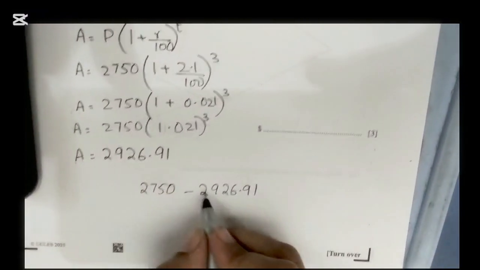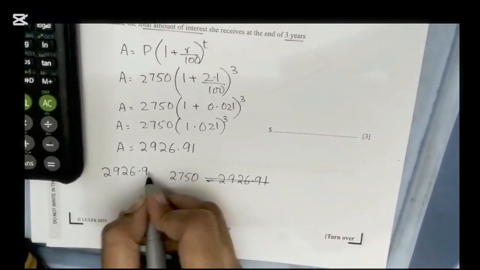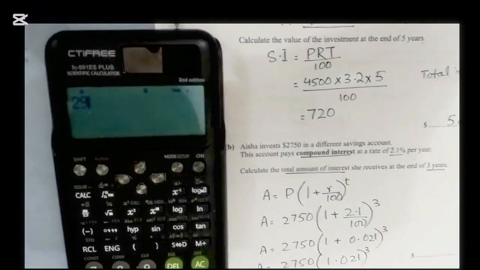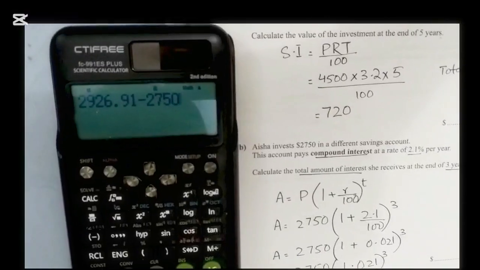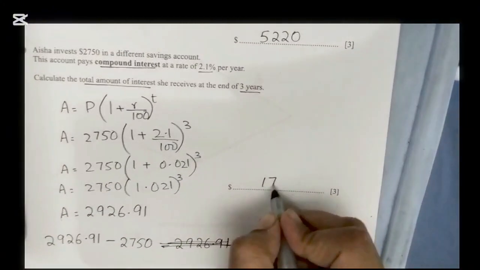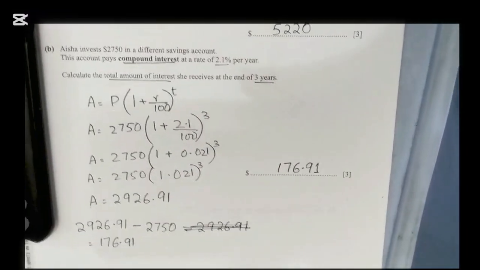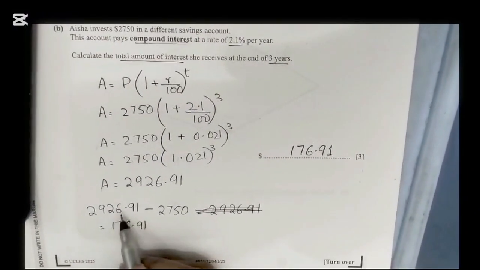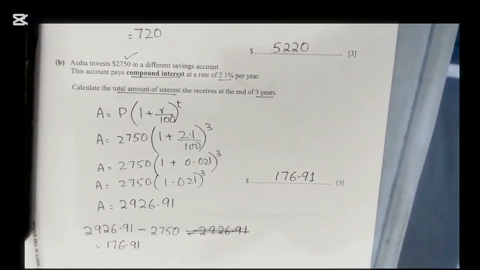I have to write 2926.91 minus 2750, and we will get 176.91. So this is the amount of interest. We had found the amount, principal plus interest both. So I have subtracted the principal amount, so I got the interest only. So you can write interest over here.